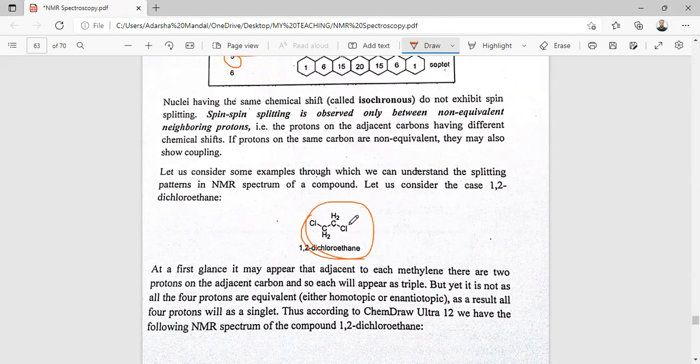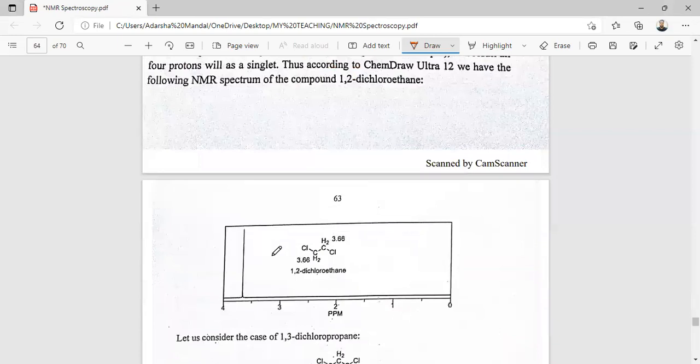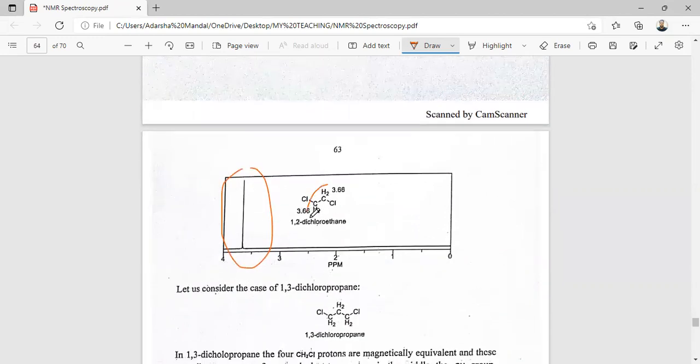All the 4 protons of the CH2 groups are homotopic, so they give one single signal. For 1,2-dichloroethane we get only one signal, and no splitting pattern is observed because all the 4 protons are the same.